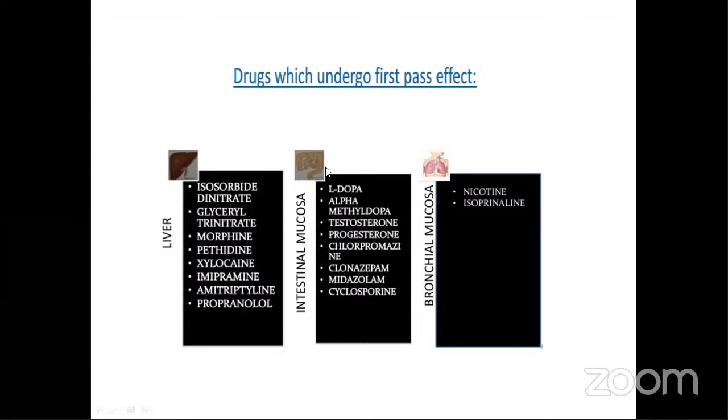These are the drugs which are metabolized in the intestine. And in the bronchial mucosa, like nicotine and isoprenaline. So these are two drugs available for metabolism in the bronchial mucosa. So you should remember the drug names which undergo first pass effects.